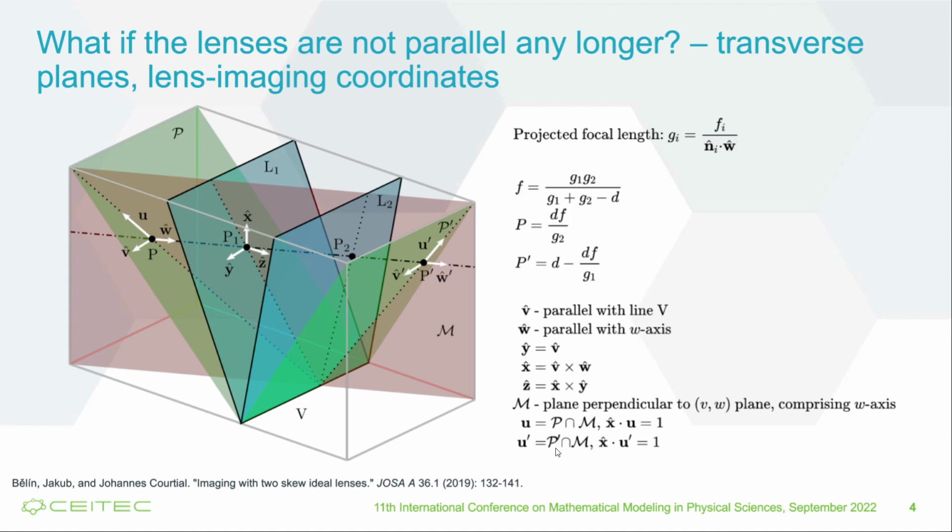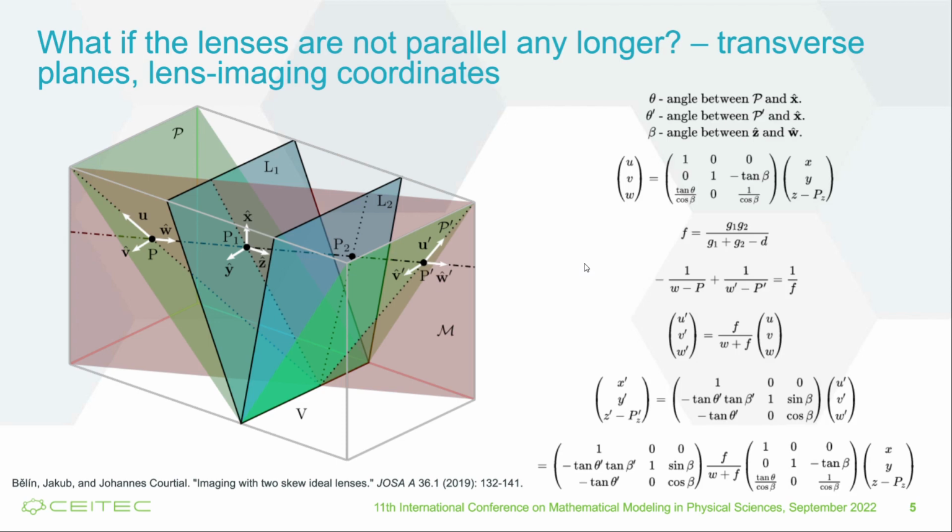The lengths of vectors u and u', however, must be chosen such that the principal planes P and P' are imaged to each other with magnification +1. To find the desired lengths of u and u', we define a Cartesian coordinate system x, y, z as follows. Then the lengths of vectors u and u' are chosen in this way.